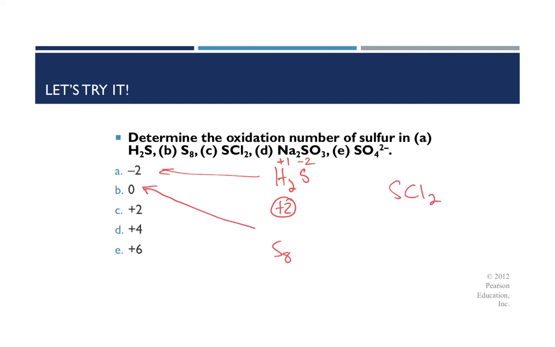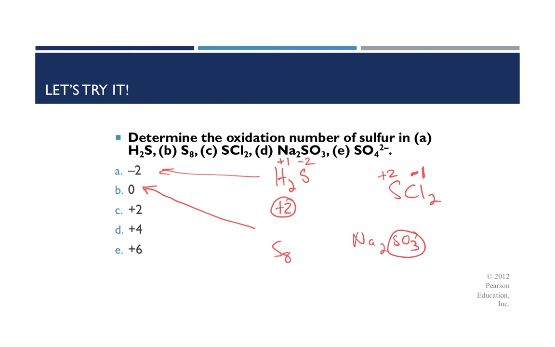SCl2, okay, halogens are -1 unless they are attached to something that is usually an oxyanion. So Cl2 is -2, that means that the sulfur here has to be +2 to balance that out. Na2SO3.